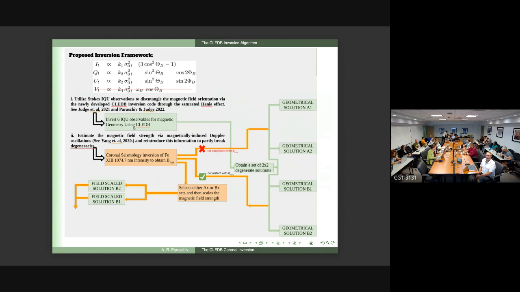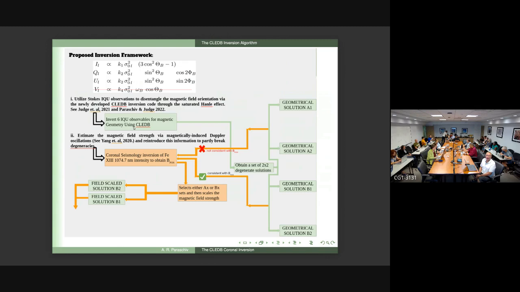Now, what you see from the plane of the sky field is that one of these sets of 2 is more compatible with the plane of the sky field that you recover from there. So you get the full vector solutions, you use the plane of the sky to pre-select the 2 that work better, and then you get a set of 2 degenerate solutions.